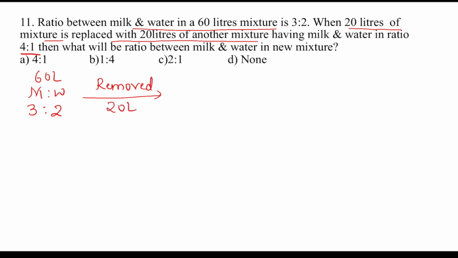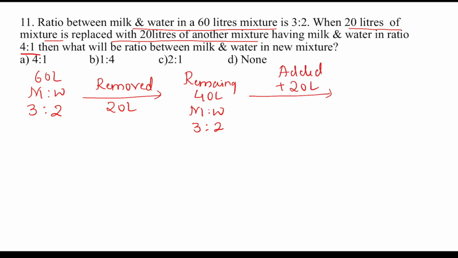So remaining will be 40 liters. Out of 60, 20 is removed, so 40 is remaining. The remaining also will have milk and water in the ratio 3:2. Then it is replaced with another mixture, added another mixture of 20 liters.